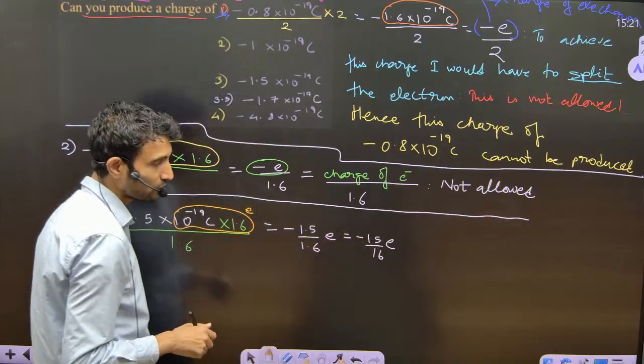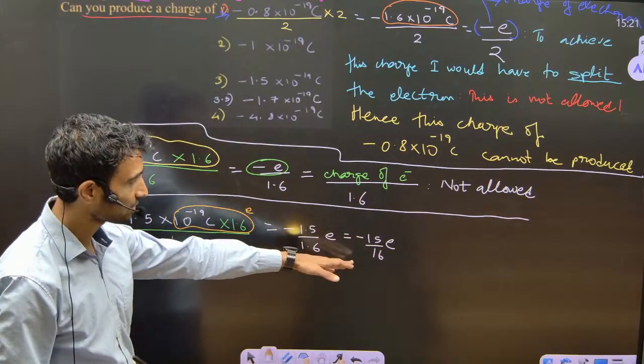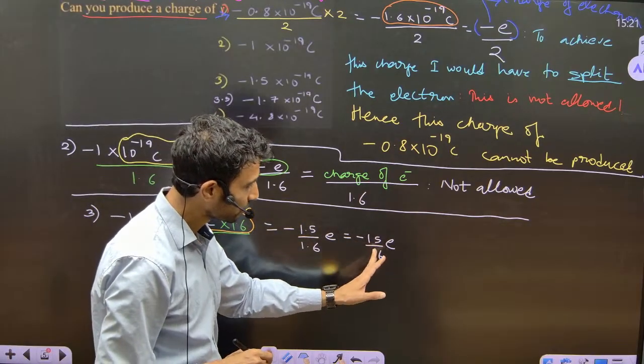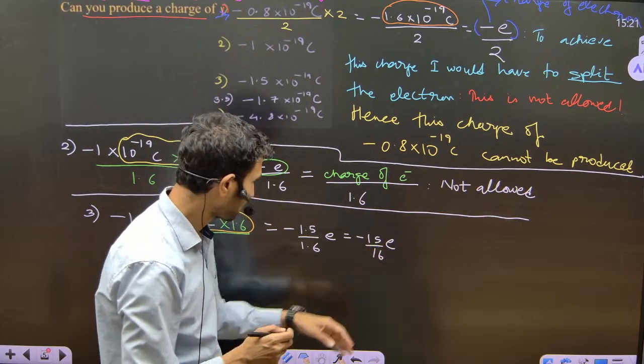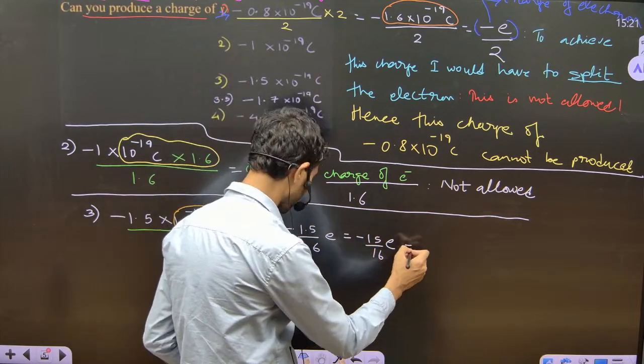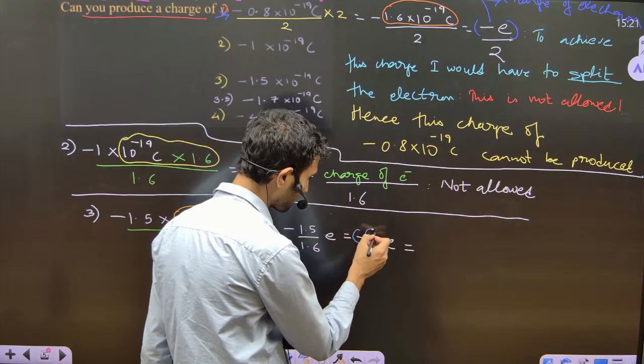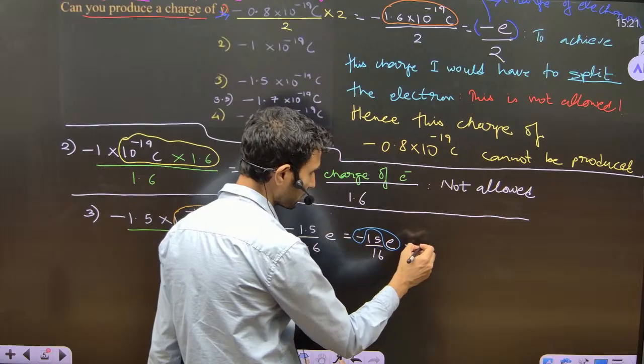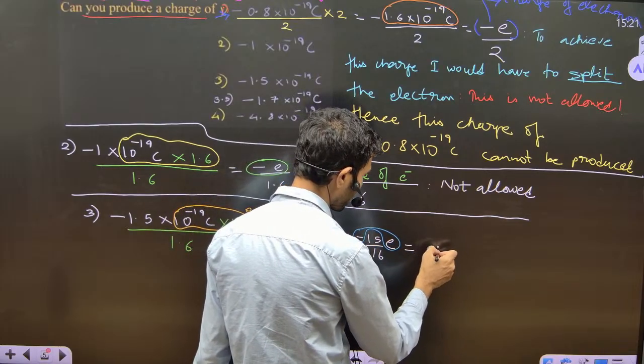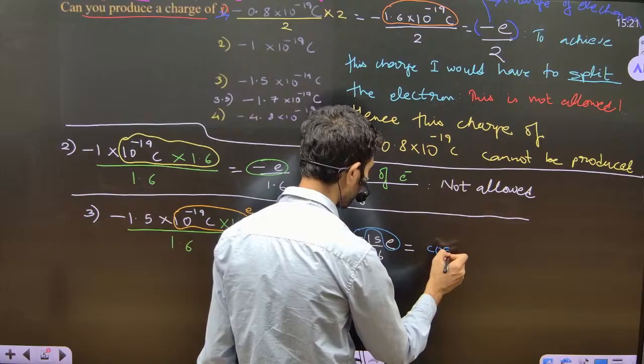So again, 15 by 16 is a fraction. So basically you are asking me for a fraction of what exactly? If you see that this minus E together is what? Charge of electron, COE.